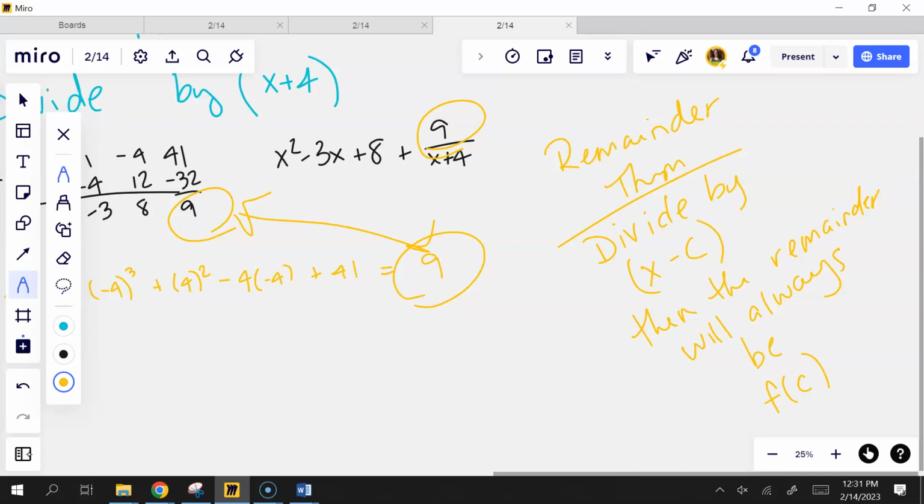That's what we just did. If you plug in what you divide by, the opposite sign, right, because it's x minus c here. Does that make sense?